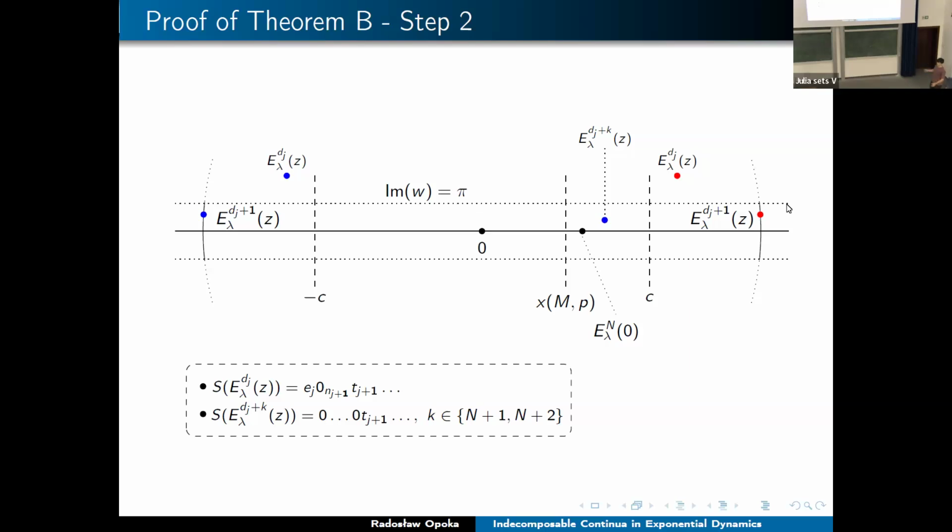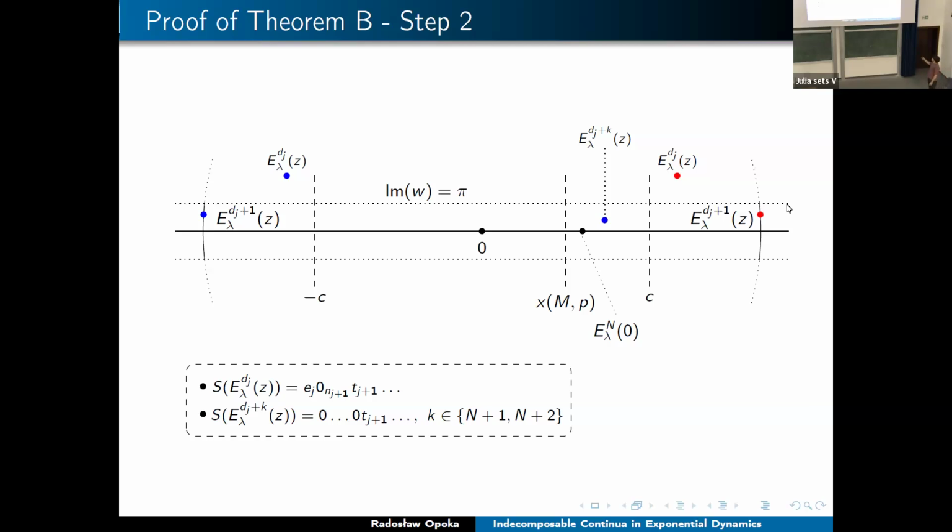If we get this point, then we are done, because first of all we are to the right of the X of MP. And what is the itinerary of such a point? It is this itinerary without the first entry. We assume that if we begin our itinerary from our blocks of zeros, then it is from sigma MP, and we use the previous lemma.